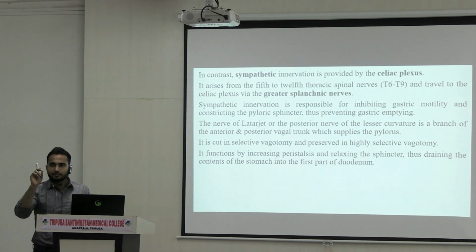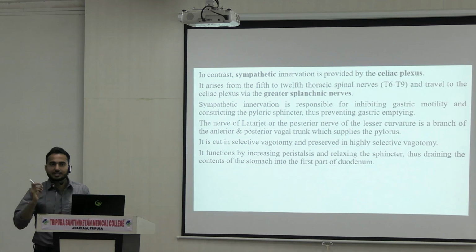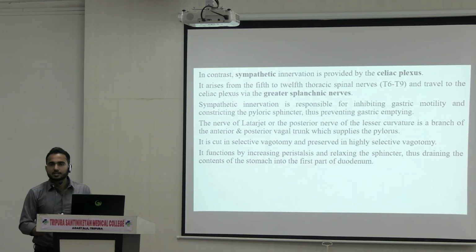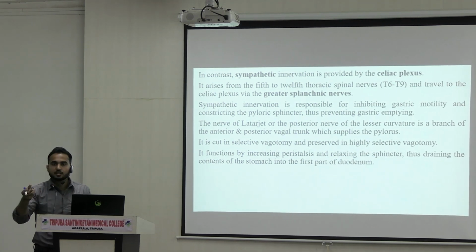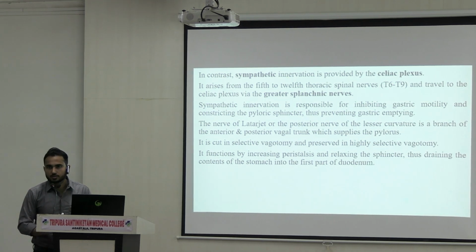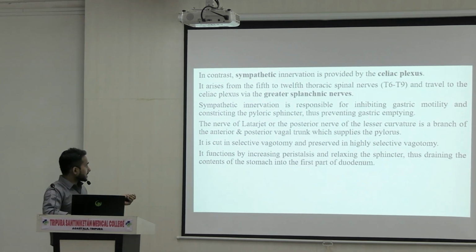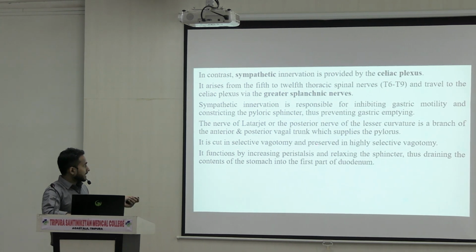Now the fibers which are coming supply the pylorus of the stomach, as well as the glands which are secreting various enzymes or various other materials in the stomach. That is very important because this particular nerve to the lateral jet is cut in selective vagotomy and preserved in highly selective vagotomy.